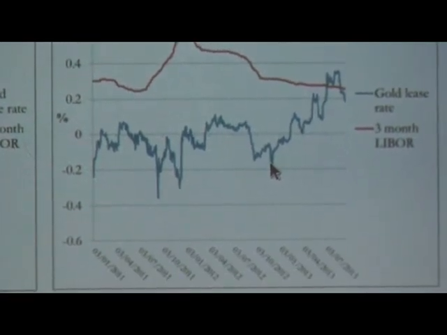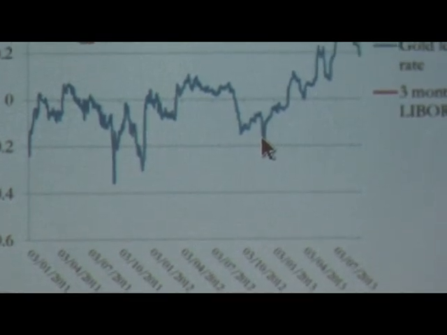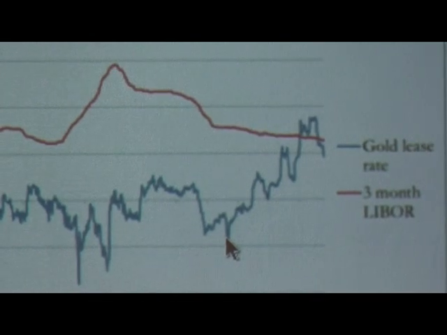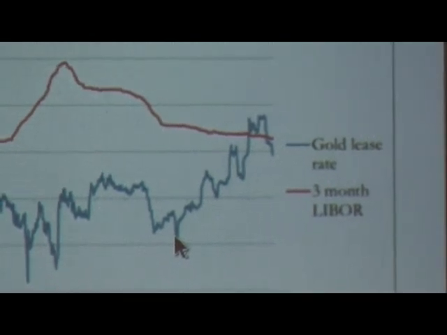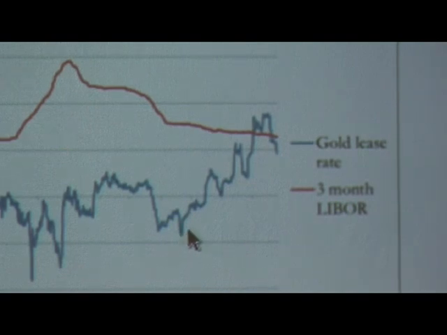You can see quite clearly, and this is just from the derived numbers that you can get on the LBMA website or your Bloomberg terminal if you're a trader, you know, it's all there, that the lease rate has been going in a completely different direction to the LIBOR rate.